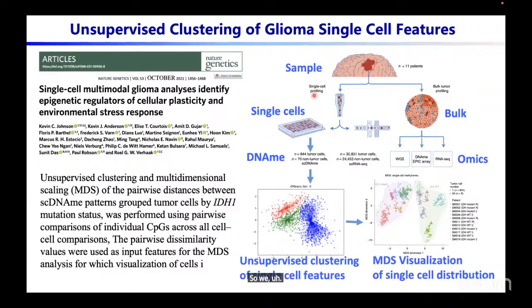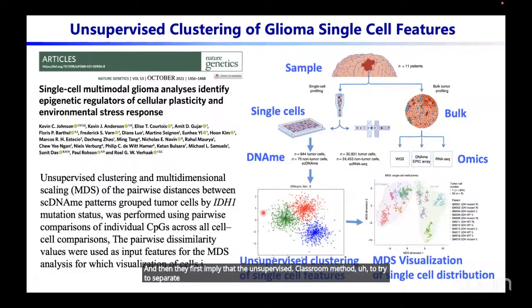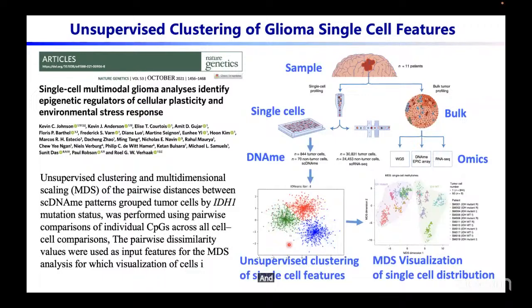So in this paper, they actually draw the single cell sample, and then they first employed the unsupervised clustering method to try to separate the samples, separate the features, into different subgroups. And remember that we talked about the heat map, right?